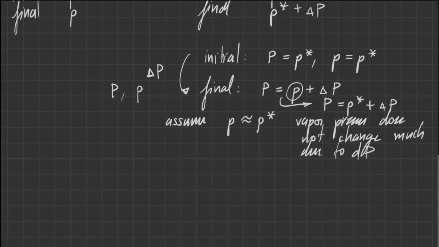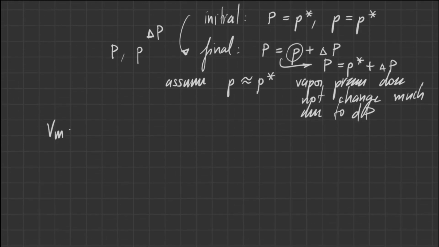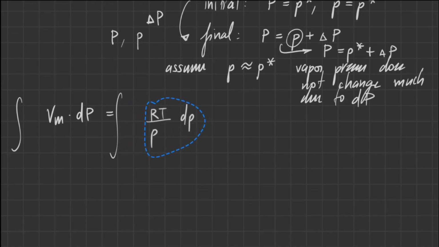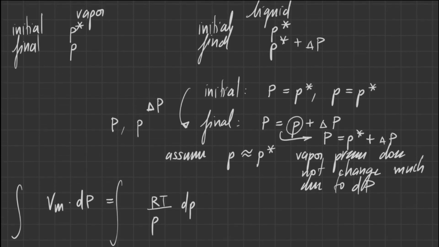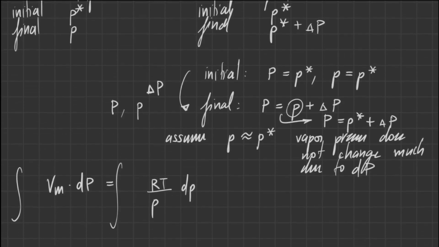Let's copy down this formula. Molar volume times dP is equal to RT over partial pressure dp. Okay, now we want to integrate. Remember here, capital P refers to the liquid.